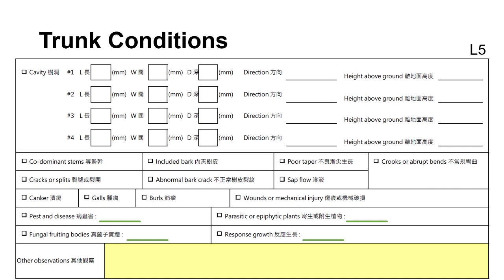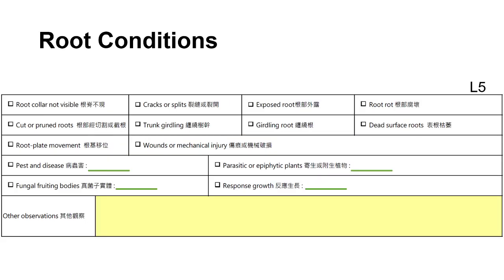Let me give you another example in root conditions. Let's say you found that there is a tiny piece of root, let's say 1 cm long, 1 millimeter in diameter, which is exposed. Then for such a tiny feature, you check this box, exposed root.